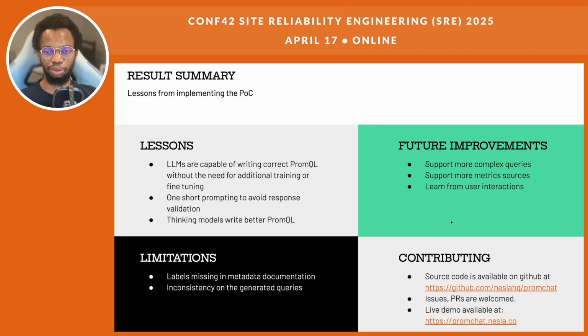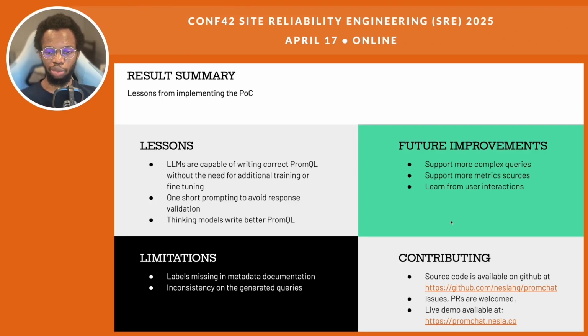That's important because initially, while running the project, we were getting issues where the response from the LLM would add additional characters or tokens to it, and once you pass it to the Prometheus instance, it would no longer be valid PromQL.